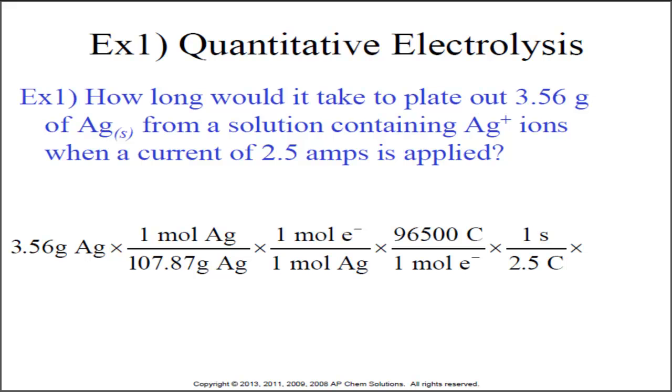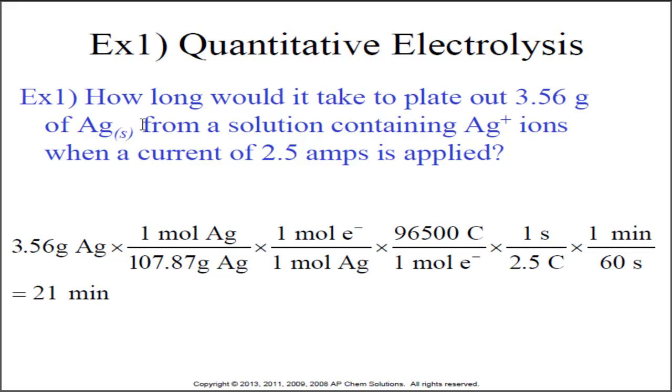Now in this case, the problem changes seconds to minutes, although it doesn't really say to do that. If they don't say anything about time, usually they'll tell you time in seconds or minutes, and then you can figure it out. So our answer here is 21 minutes.